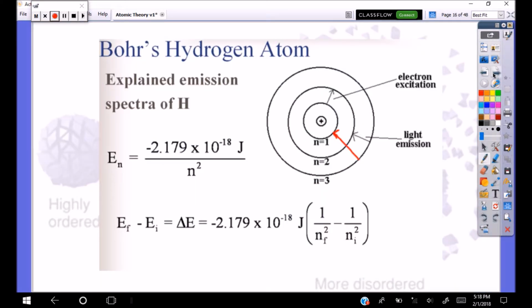So what's nice though is that if you look at all of those different changes in energy levels, we can calculate them specifically for hydrogen using Bohr's hydrogen atom model. He has this equation, negative 2.179 times 10 to the negative 18th joules times 1 over n squared, which is the final, so F is final, so your final resting place, minus your initial, which is your starting place.